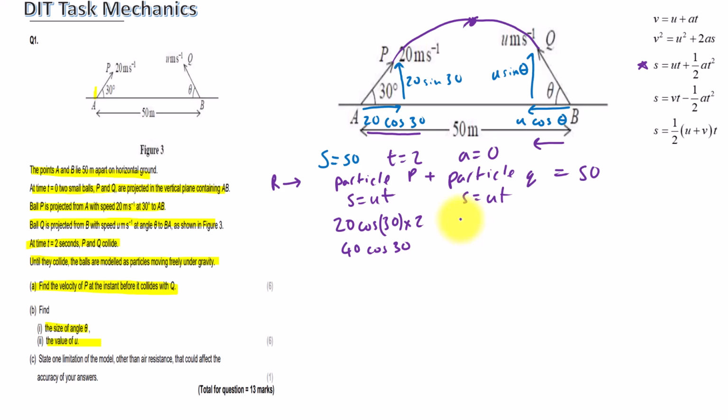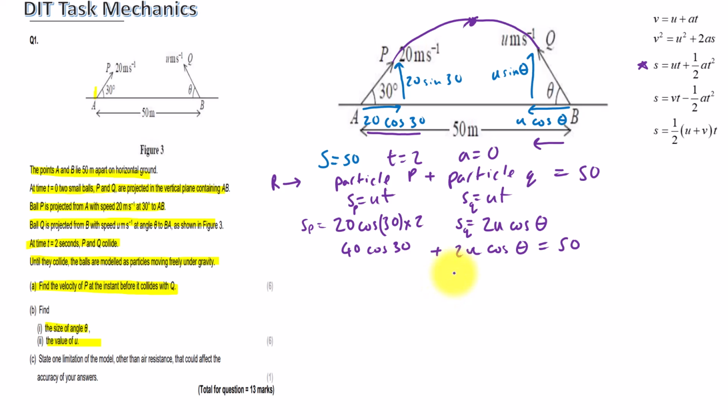That's going to be S equals 2 times U cos theta. Let's call that SP, SQ. So our SP plus SQ equals 50. Like so. We've got something to work with. We've earned some method marks so far. What else can we do?